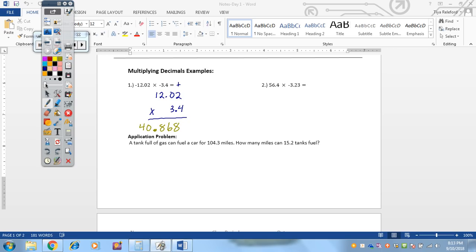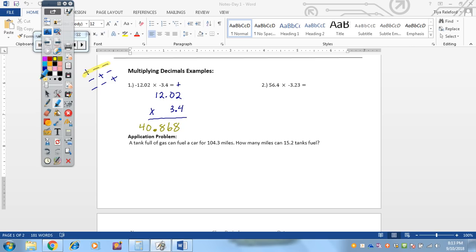If you're not sure how we did the decimal thing, we're going to do one more together and see how it goes. So number 2, is my answer going to be positive or negative? Look at your tic-tac-toe again. I have a positive and a negative.